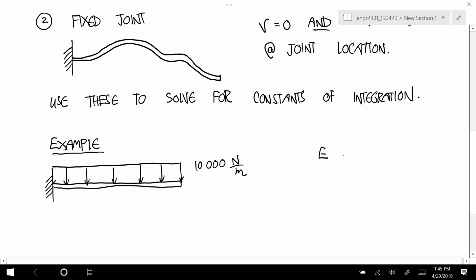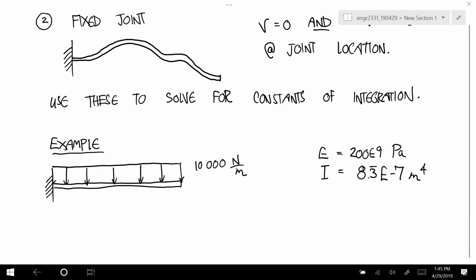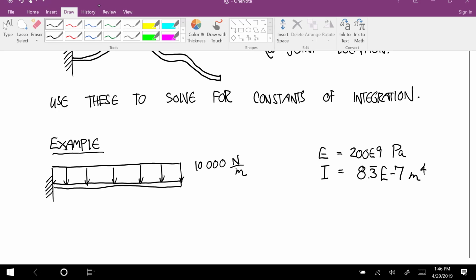We'll say that the Young's modulus is 200 times 10 to the 9th, and the area moment of inertia is 8.3 repeating times 10 to the minus 7 meters to the fourth. And we want to calculate the deflection at the right end. So basically, if you put this load on this steel beam, how far down would this point be from its starting position? And the length is 3 meters.